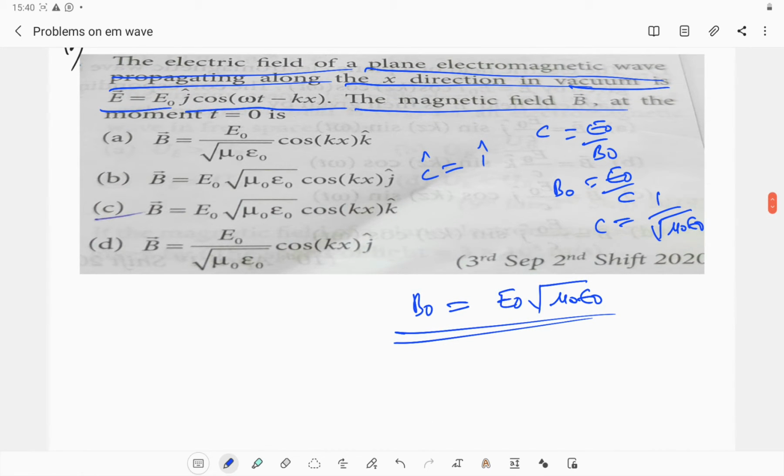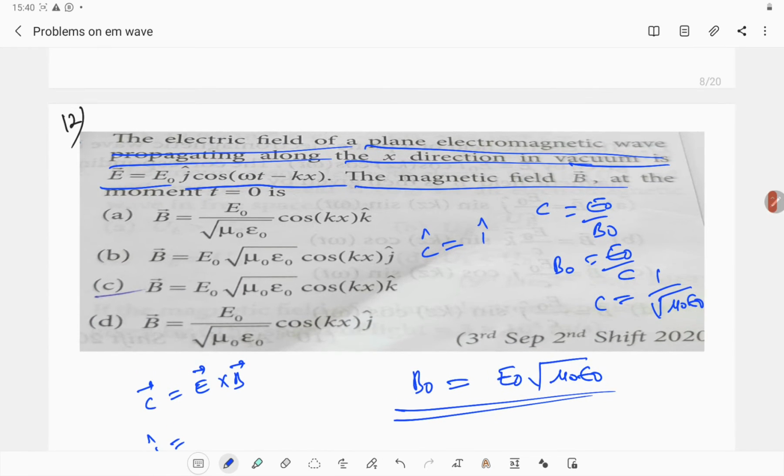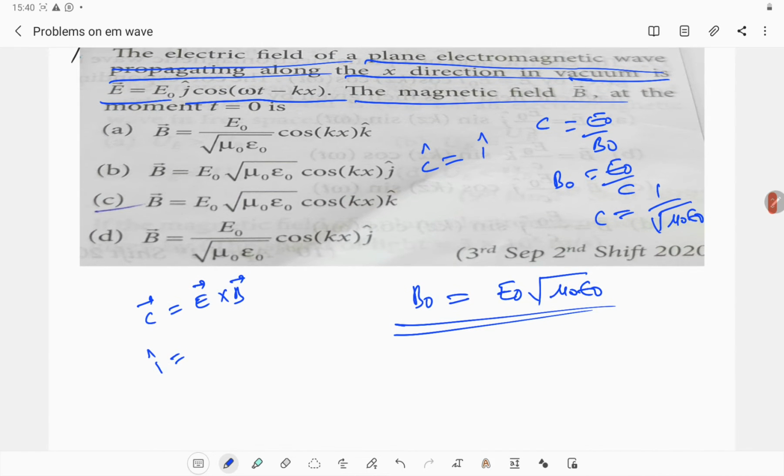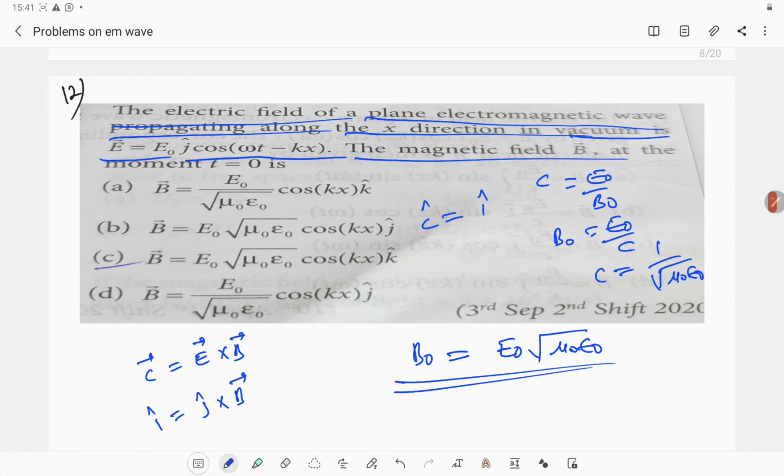From this, we have to find out, C bar is equal to E bar cross B bar. Here C bar is I cap and E bar is given as J cap cross B bar.